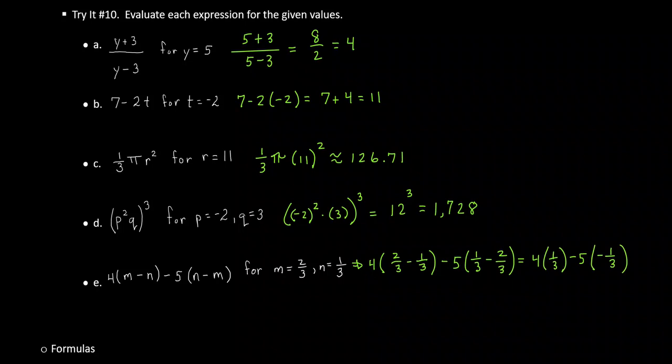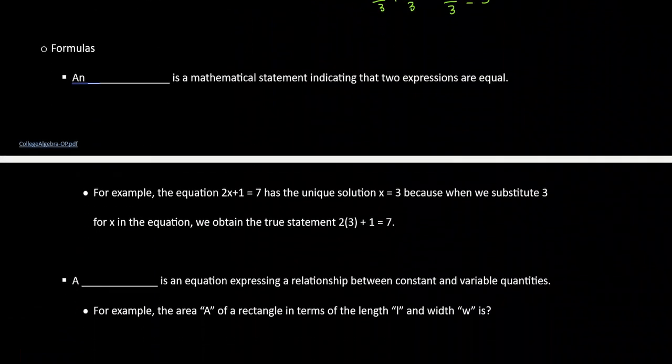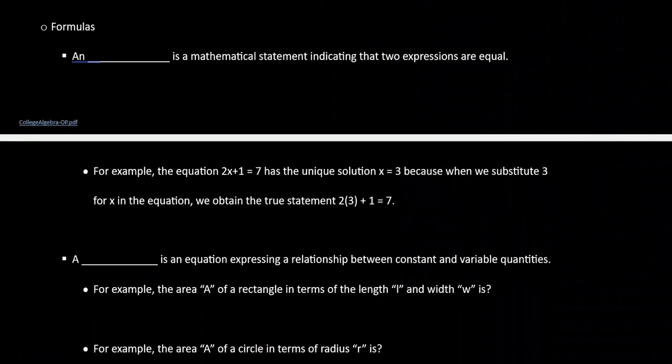Being real careful to keep your signs correct. And then this is equal to 4 times 1/3 is just 4/3. And then a negative times a negative gives you a plus 5/3. Added together is 9/3, which is equal to 3. So far we're just kind of plugging in values for the variable and evaluating.